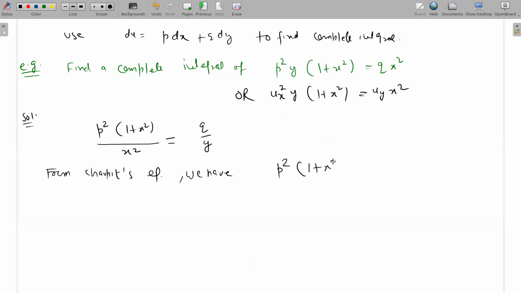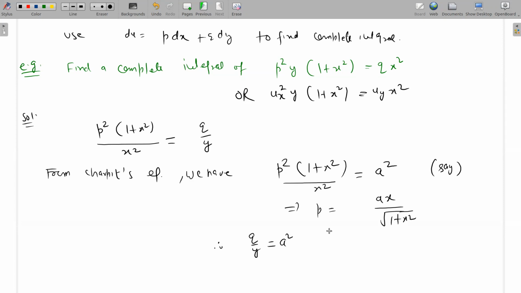The left hand side and right hand side are both constant. For convenience, you can write this constant as a squared, so p squared equals that. So you need to solve for p. So this is p equals ax upon under root 1 plus x squared.